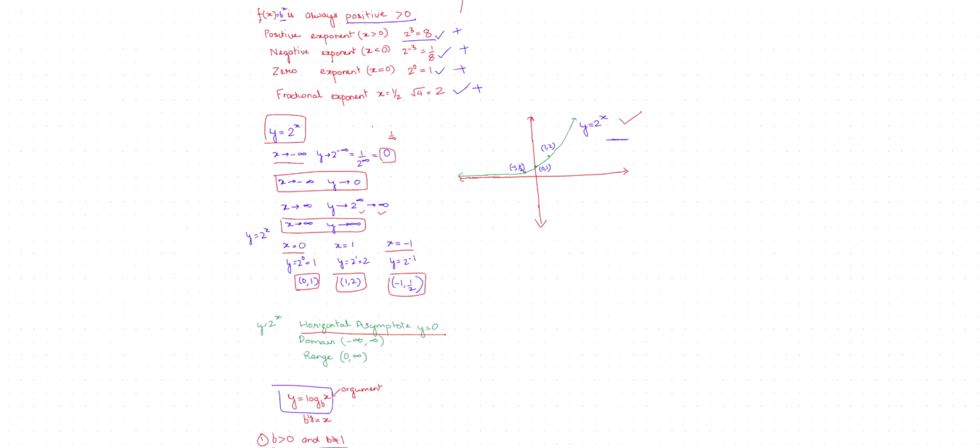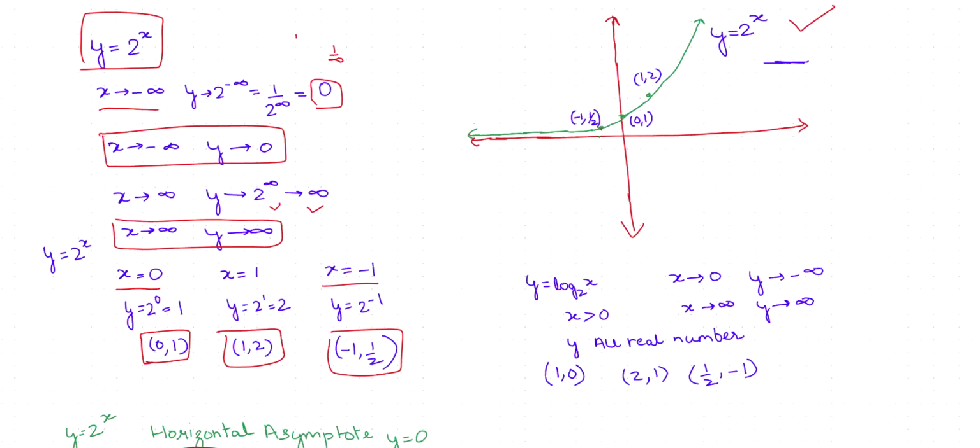We know the log function is the inverse of the exponent function. So all x and y values interchange now. So we know that the log function, if we have to graph this, is the inverse of the function which was given here, y is equal to 2 raised to power x.